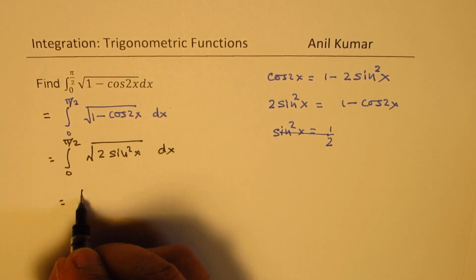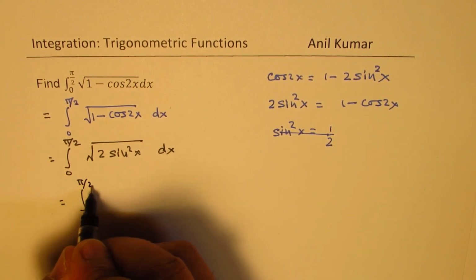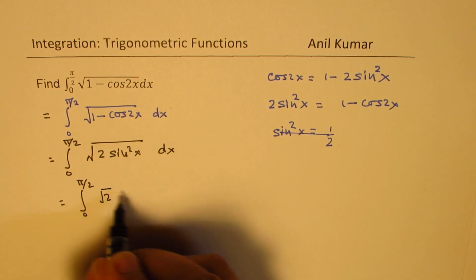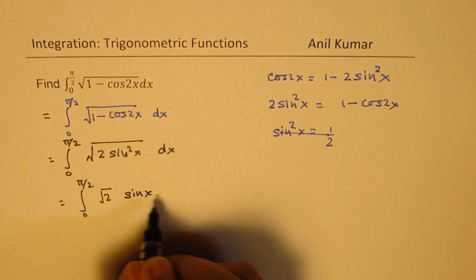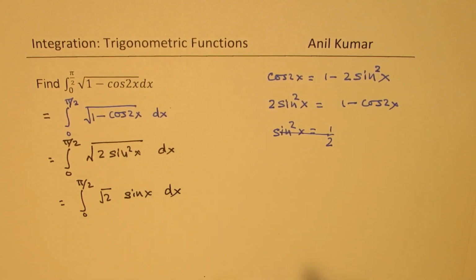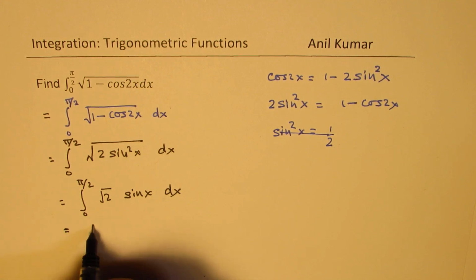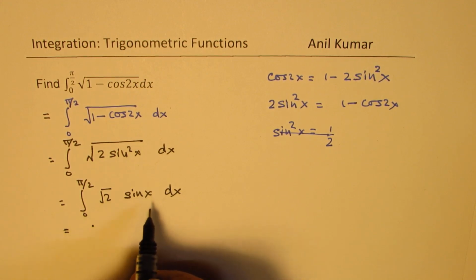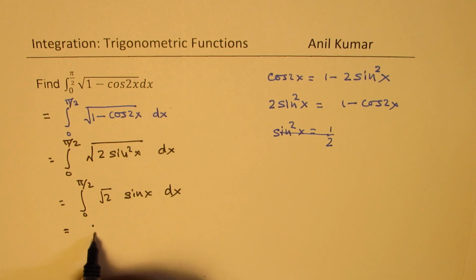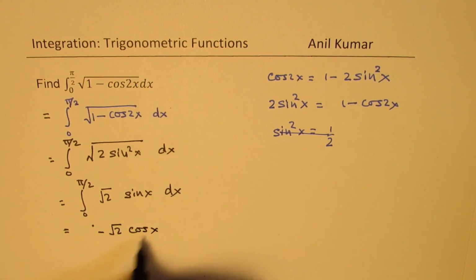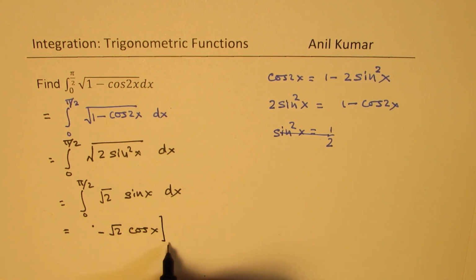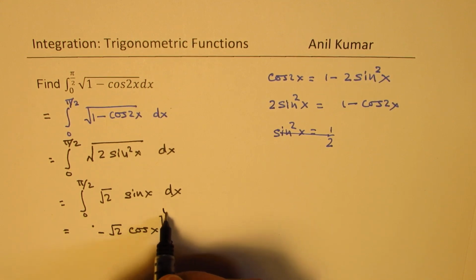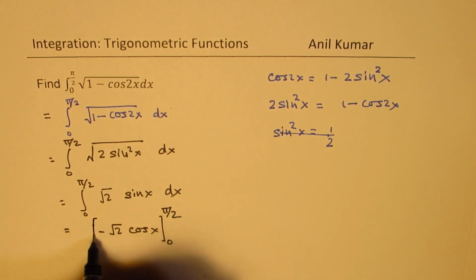So it is 0 to pi by 2, we have square root of 2 and we have sine x dx. Integral of sine x is minus cos x. So I could write this as minus square root of 2 cos x. And we are working on the limit 0 to pi by 2. Correct?